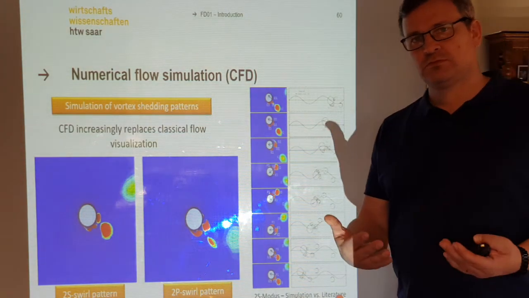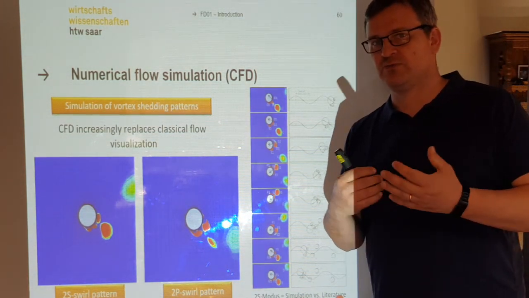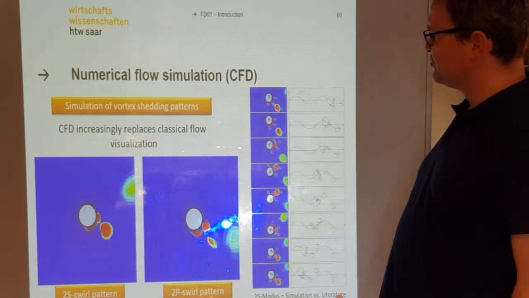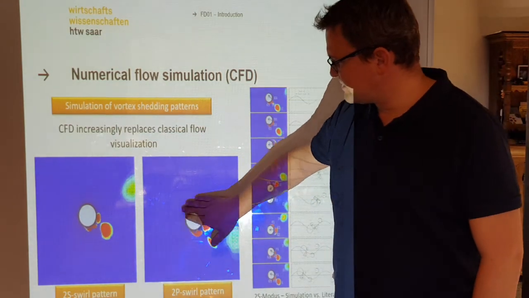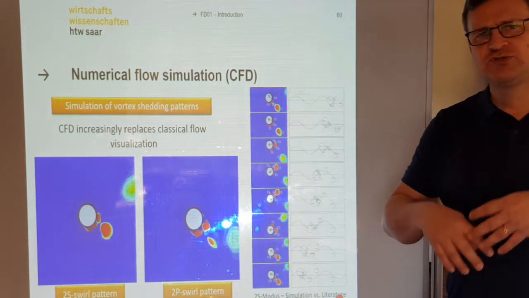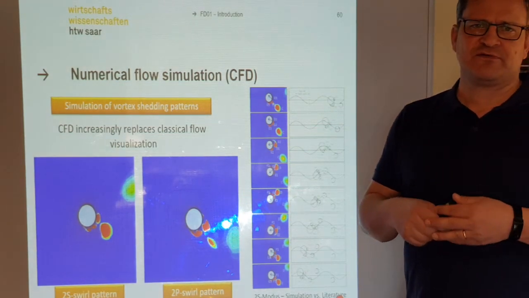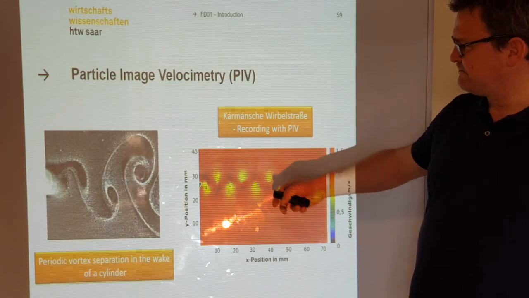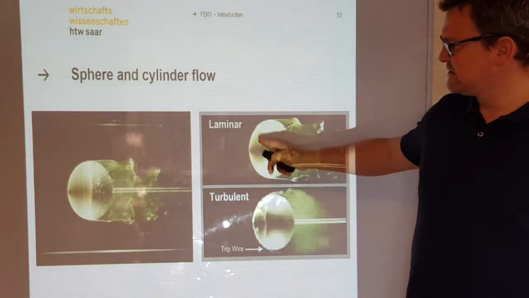Or, as I told you, you can also make numerical simulations. Here are some results of a numerical flow behind a ball. But if you do numerical simulation, you should always do a kind of validation and compare it with an experimental setup too.